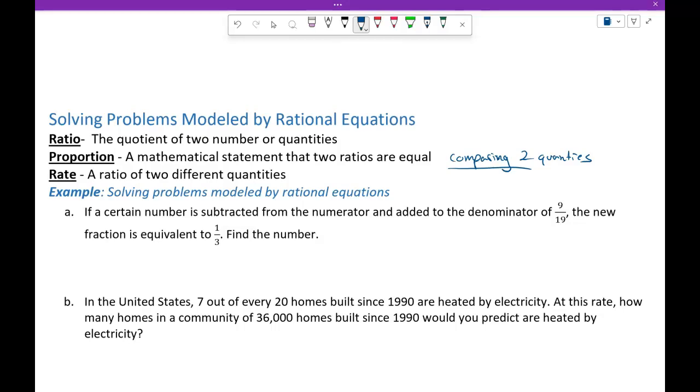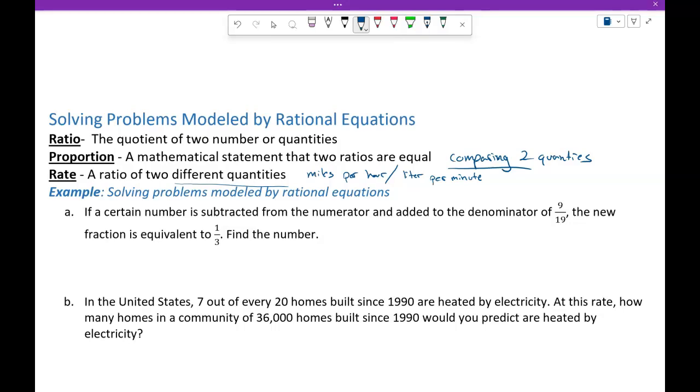Rates are just ratios that have different variables or units when we are comparing two things. Common rates that we'll see are things like miles per hour or liters per minute.